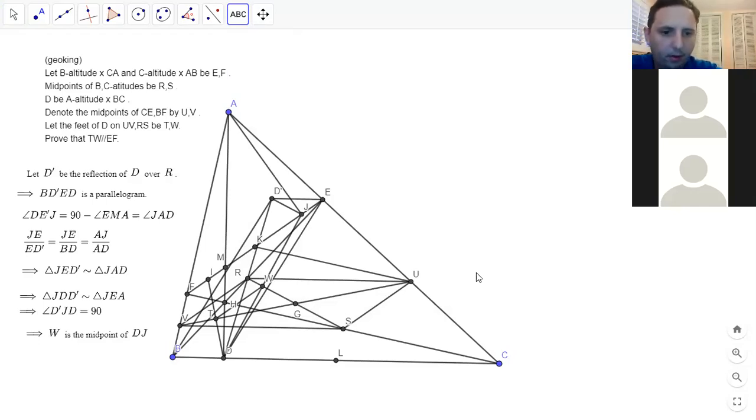Is there another parallelogram that we make? I wonder if there's another argument that holds by symmetry, kind of.